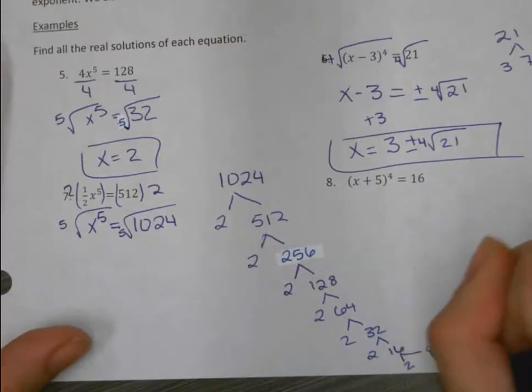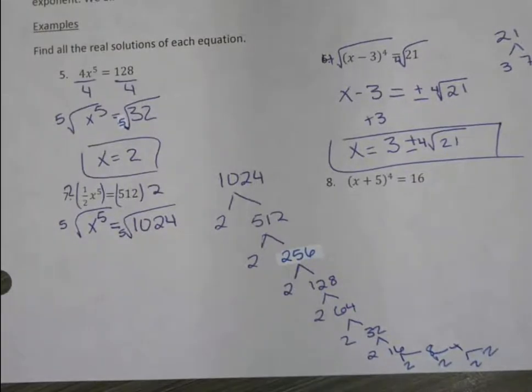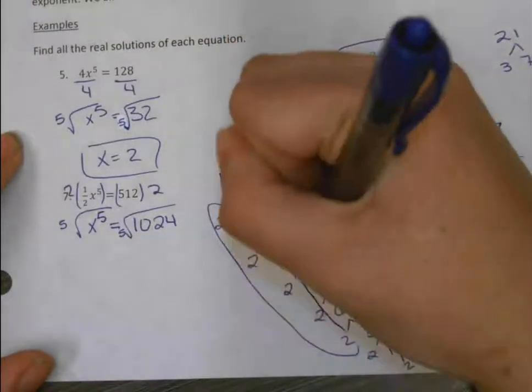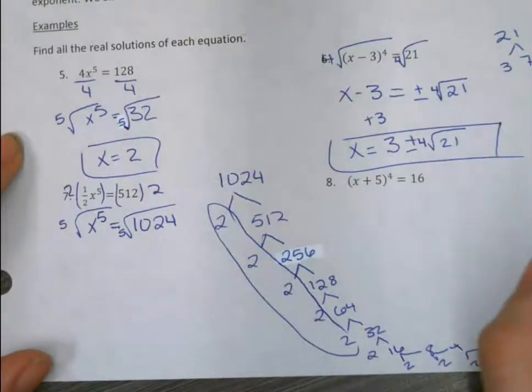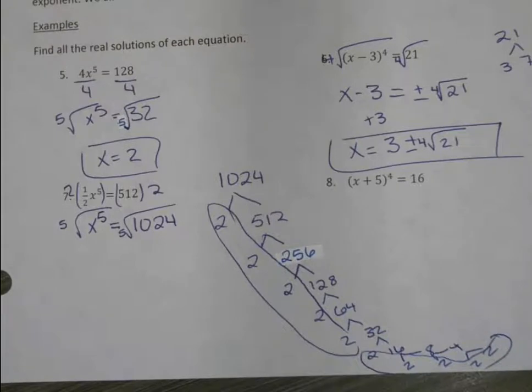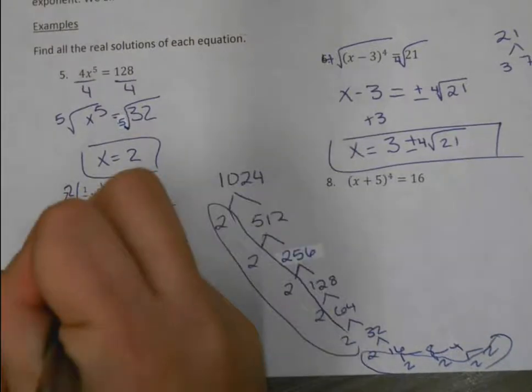Okay, so because I'm taking the 5th root, I'm looking for groups of 5 of the same number. There are 2 groups of 2. So what do you think my answer is going to be?